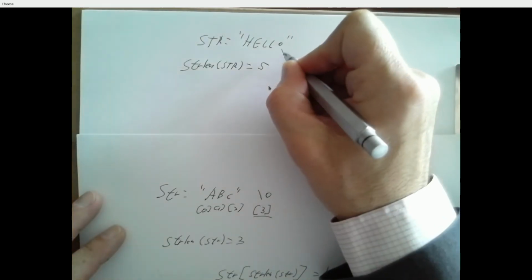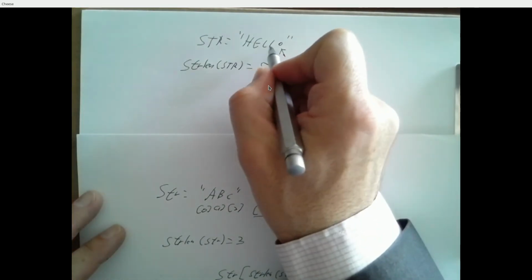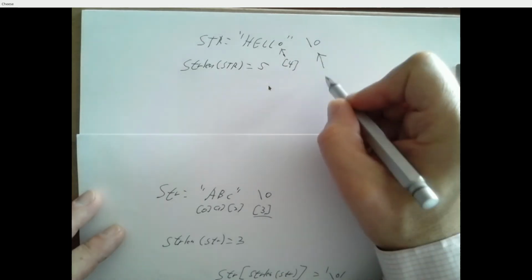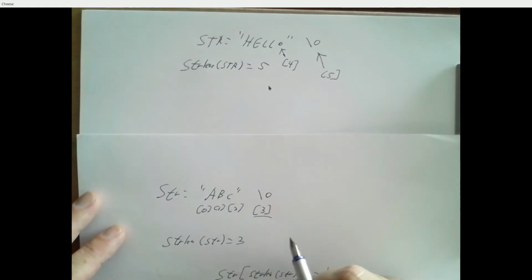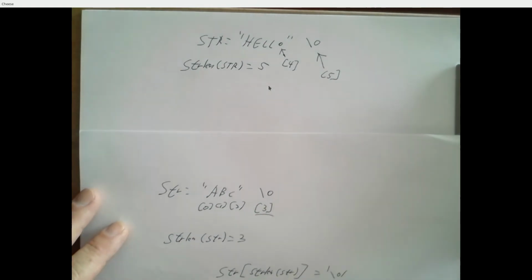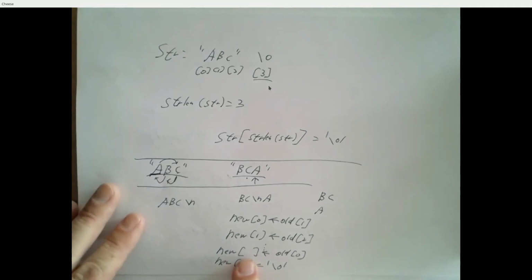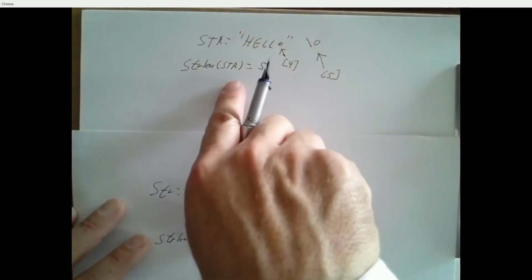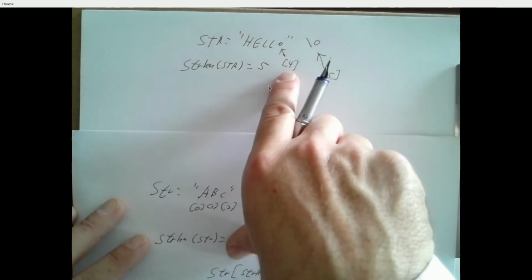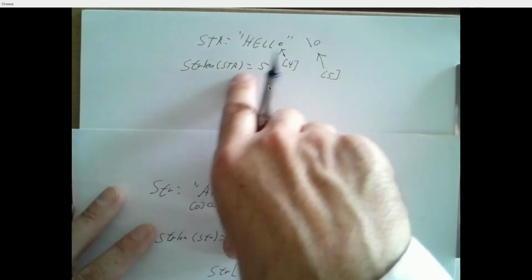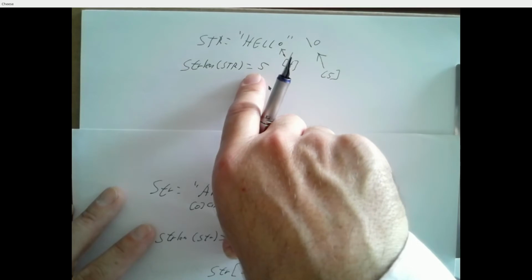The last character is index 0, 1, 2, 3, 4. And the null terminator is character 5. So if you want to set the last character of your output, it looks like it's just string length of your input minus 1. And if you want to set the null terminator of your output, it looks like it's just string length of the input.